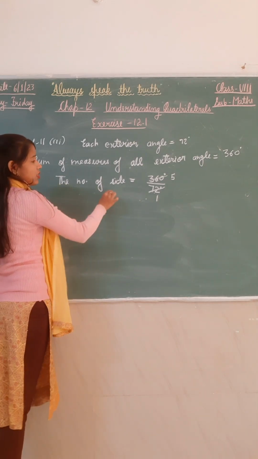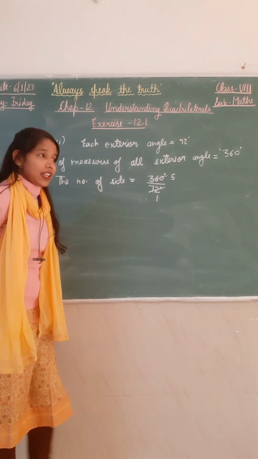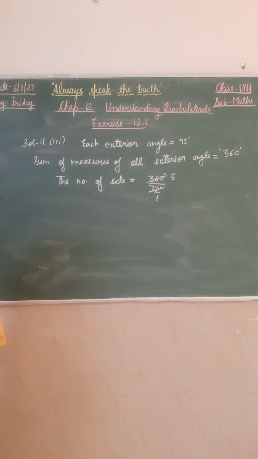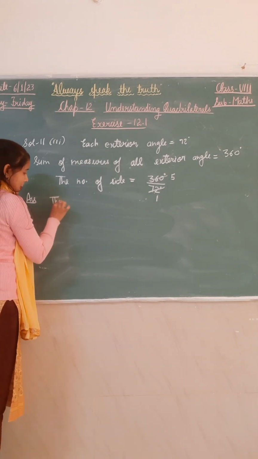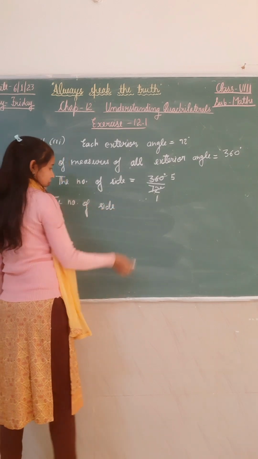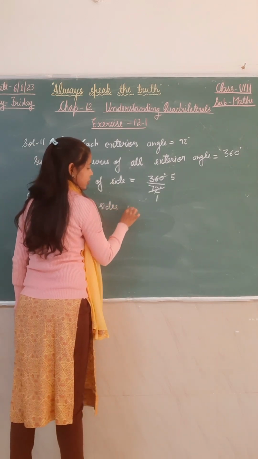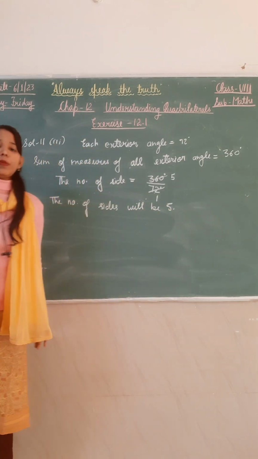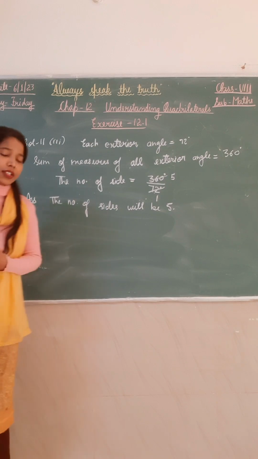That means the number of sides is 5. That means it is a pentagon, right? So write down here: Answer. The number of sides will be 5. The polygon name is pentagon.